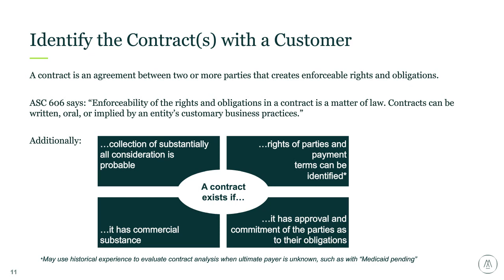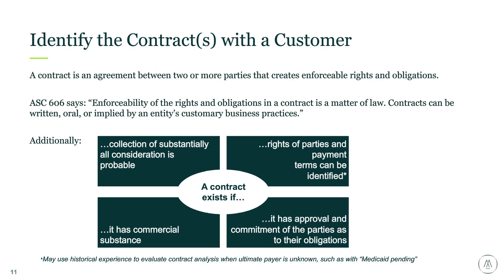Well, if a hospital has historical information on the ultimate payer class for similar Medicaid pending individuals, for example, which percentage of those contracts historically end up qualifying for Medicaid, which percentage historically qualifies for charity care or becomes uninsured self-pay, and if it has historical collections experience for each of these payer classes, the contract will fall within the scope of the standard, and the hospital would use their historical experience to determine the payment terms and estimated consideration amount to recognize as revenue.